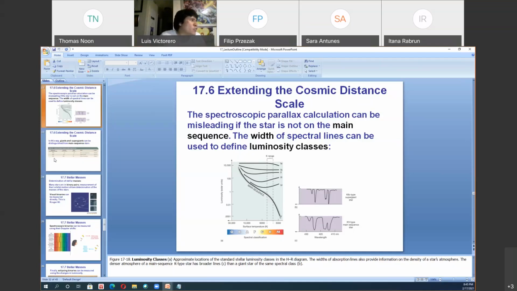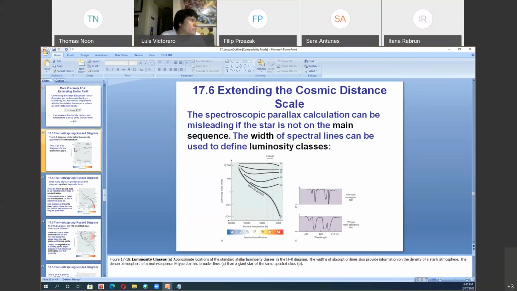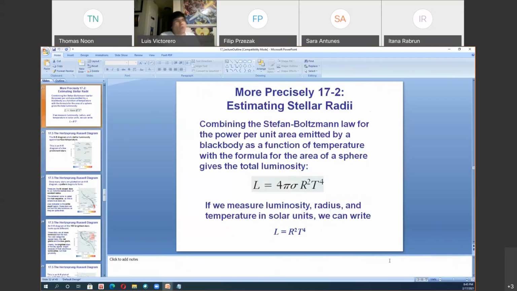The basic equation for luminosity is this. The more temperature, the brighter it is. It can also be bigger, but it can also be closer to us. So in that equation that you see there, luminosity depends only on the size and the surface temperature.